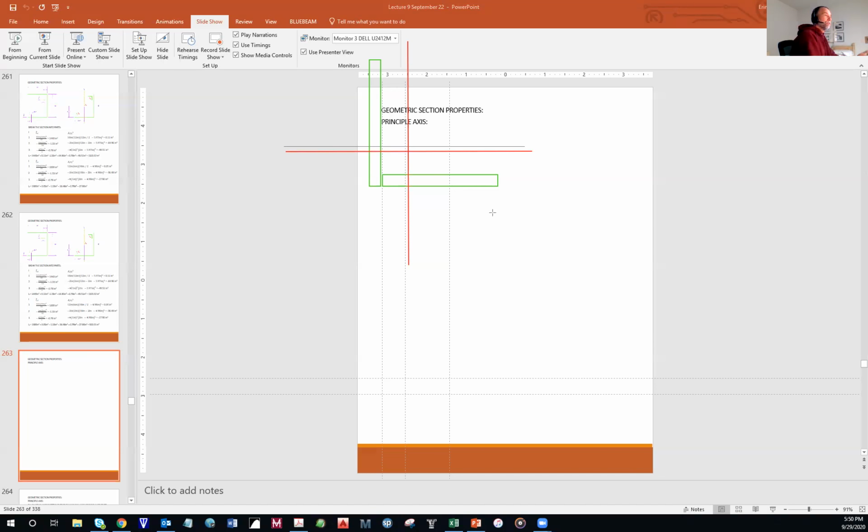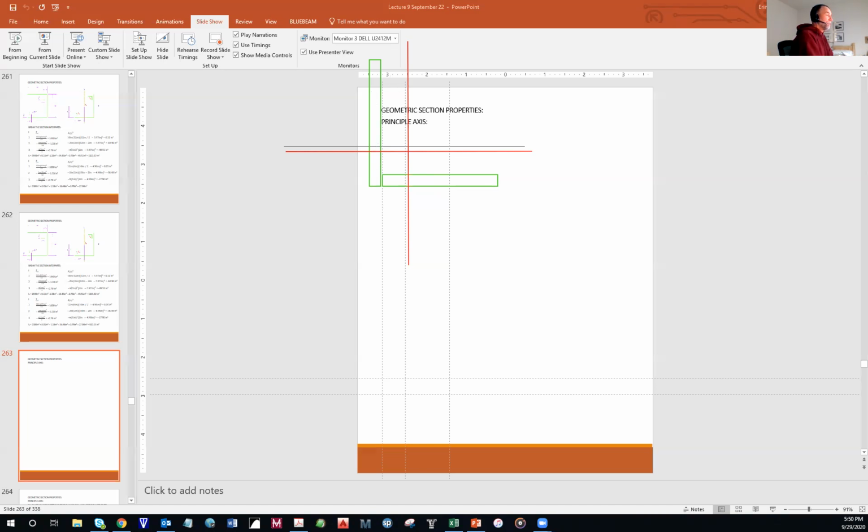And then you would take your load, and as we're going to do in a few weeks, you figure out how to find stress due to bending. The flexural equation that we're going to be presenting in a little bit is My over I. And so what matters is what y do you use and which I do you use.